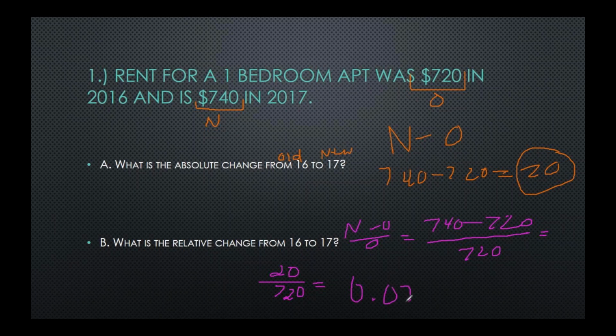For those of you who didn't get that quite as quickly, change your decimal right 2 places. So you get 2.78%, which rounds to 2.8%. You could say rent increased 2.8% from 2016 to 2017. We often call that a cost of living increase of a certain percentage. So this is the basic idea of absolute and relative change.